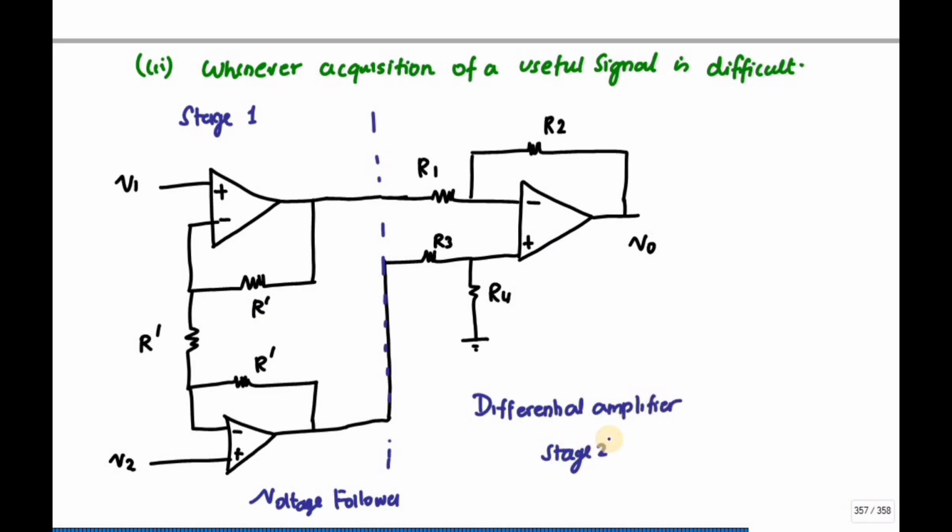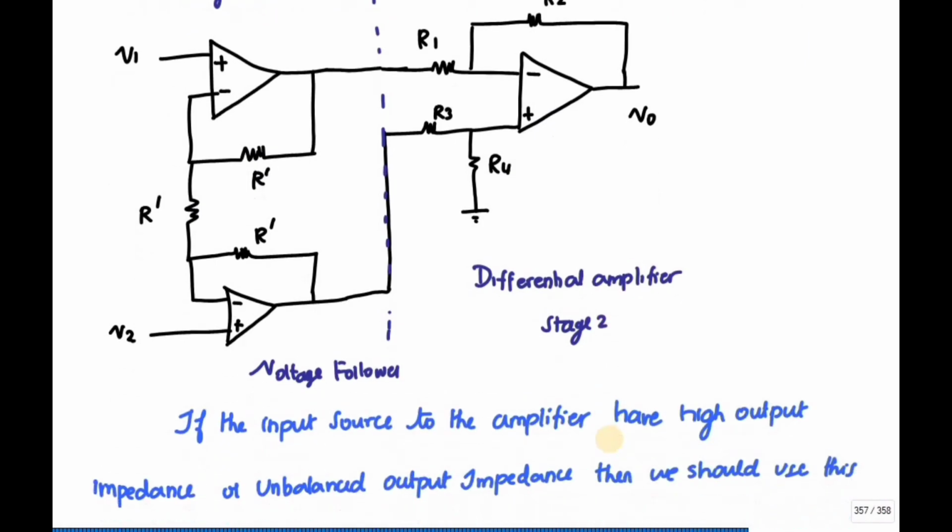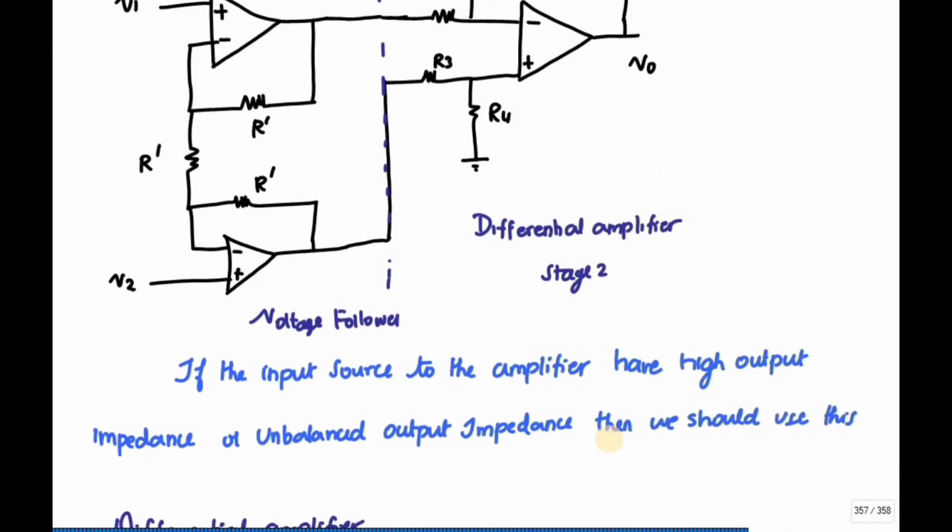We go for the instrumentation amplifier if the input source to the amplifier has a high output impedance or unbalanced output impedance.